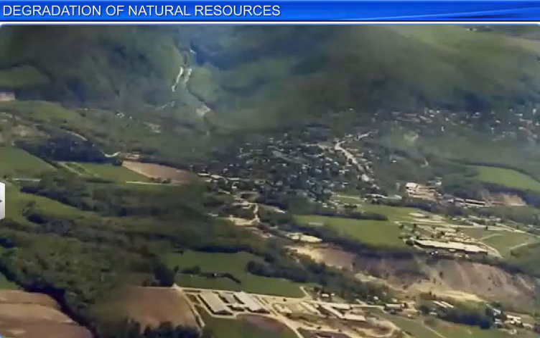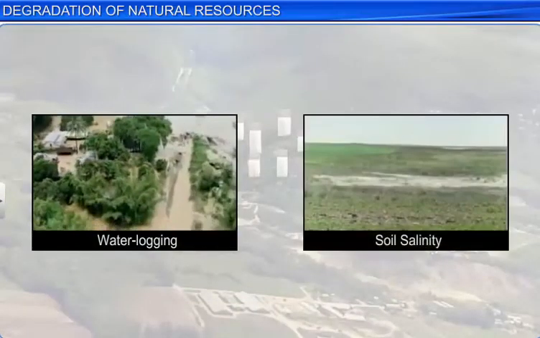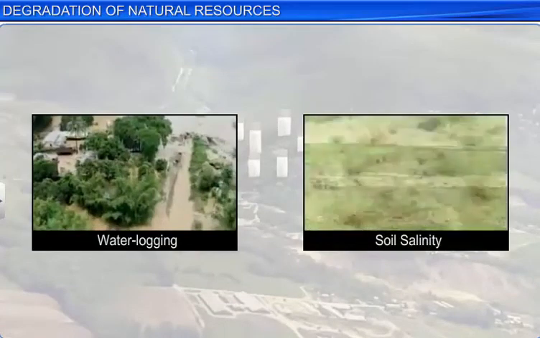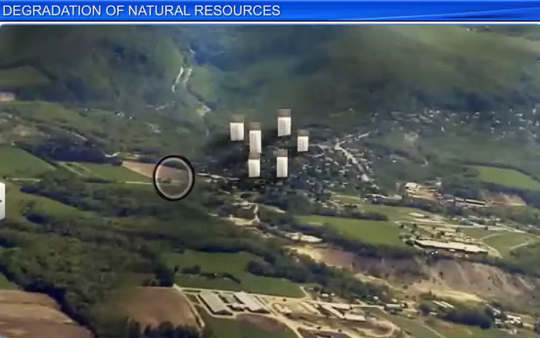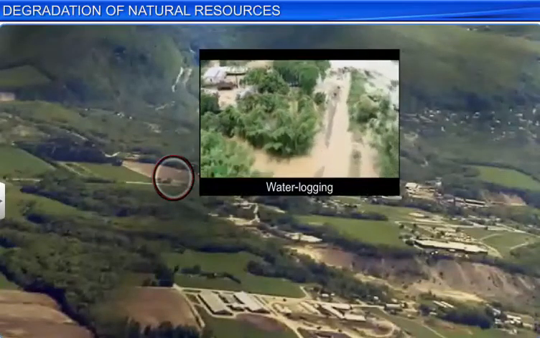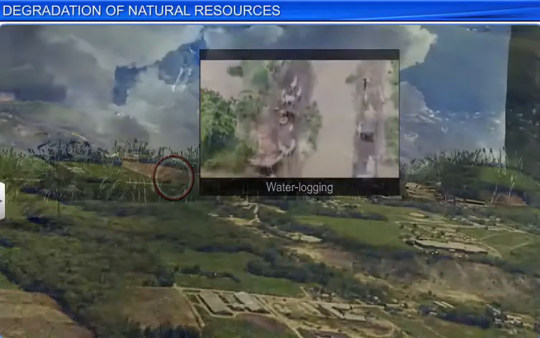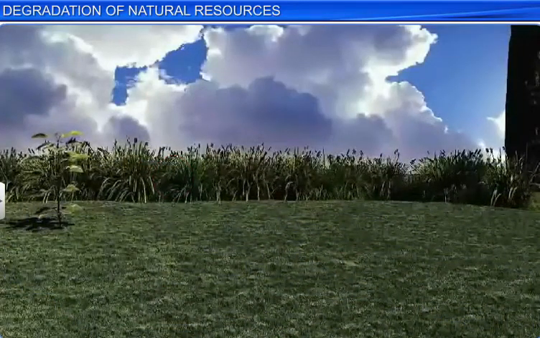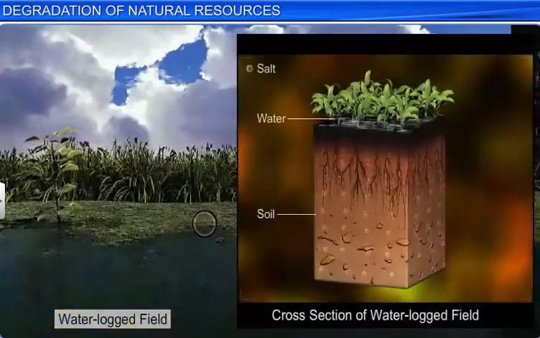Moreover, agricultural malpractices have caused waterlogging and soil salinity, thereby degrading our fields. Waterlogging takes place when irrigated land does not have proper drainage. In such waterlogged land, salts are pulled up to the surface of the soil.